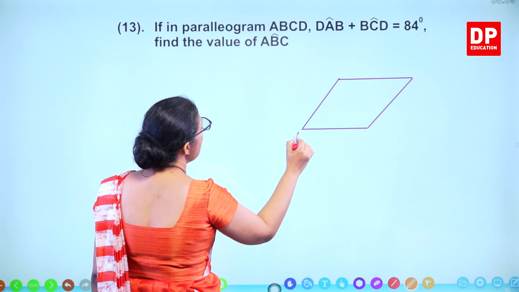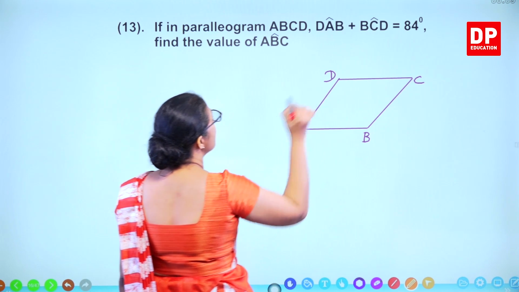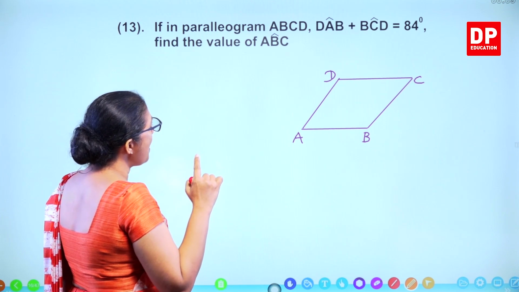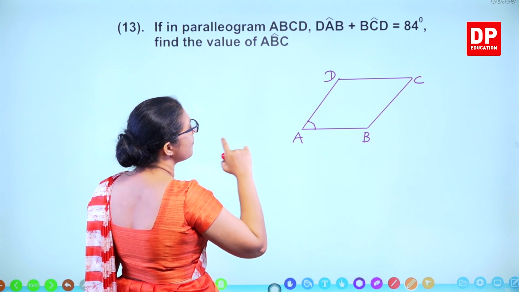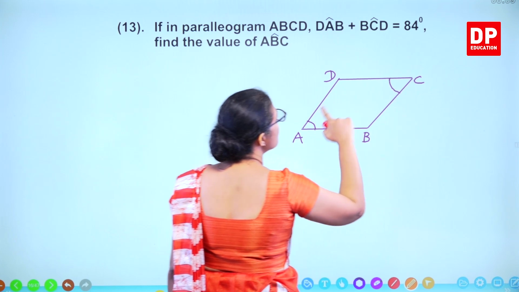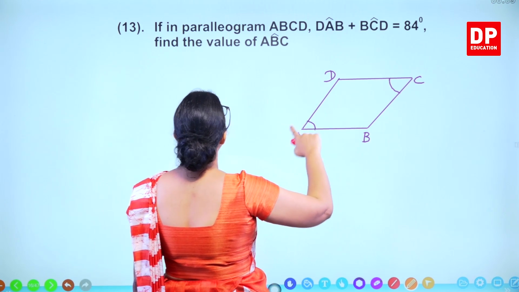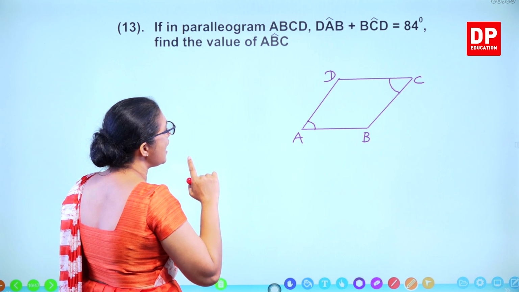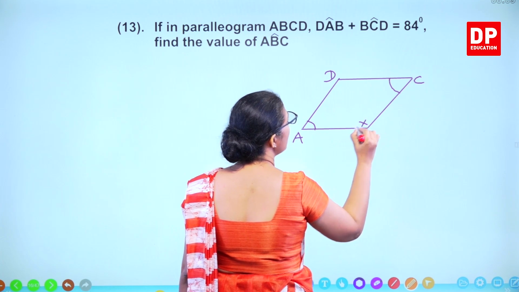Label it A, B, C, D. DAB is this one. BCD is this one. So these two are equal to 84. Find the value of ABC. So you are asked to find out this value.